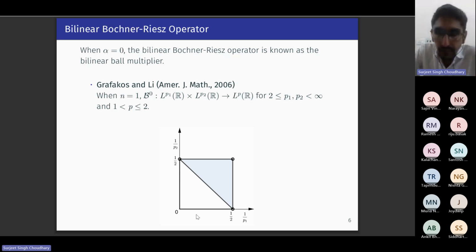So if the x-axis denotes the exponent 1 over p1 and the y-axis denotes 1 over p2, then the boundedness lies on this triangle. For any point in this triangle or on this triangle, we have boundedness except these three vertices. I'll be referring to these kinds of figures further in the talk also.